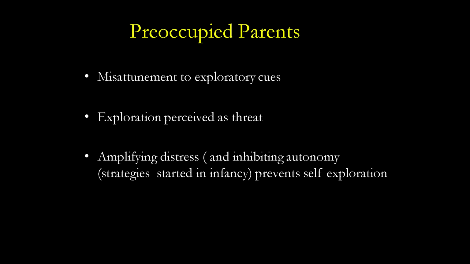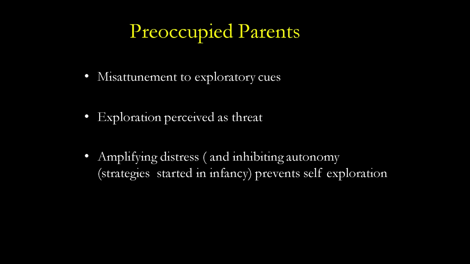So preoccupied parents have a chronic misattunement to the exploratory system of the child. What does that mean? That means that regularly, they do not attune when the child displays any exploratory behavior.